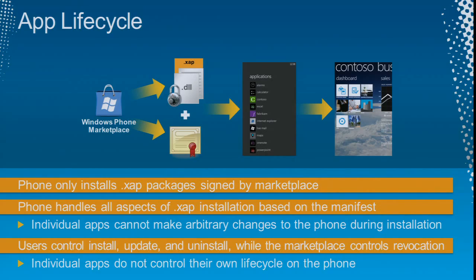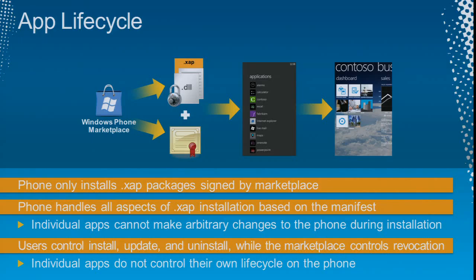Okay, so let's talk a little bit about the app lifecycle. So the Windows Phone Marketplace is how we control distribution and installation of apps. Phones are only allowed to install applications that are XAP packages that are signed by the marketplace. These applications are searchable and findable with either the Zune client or directly on the phone.